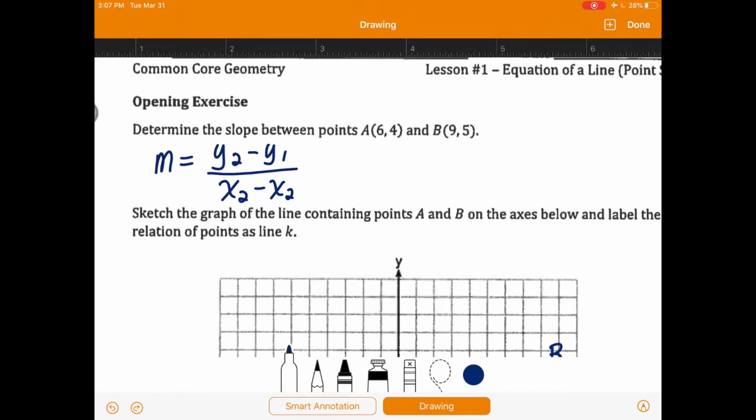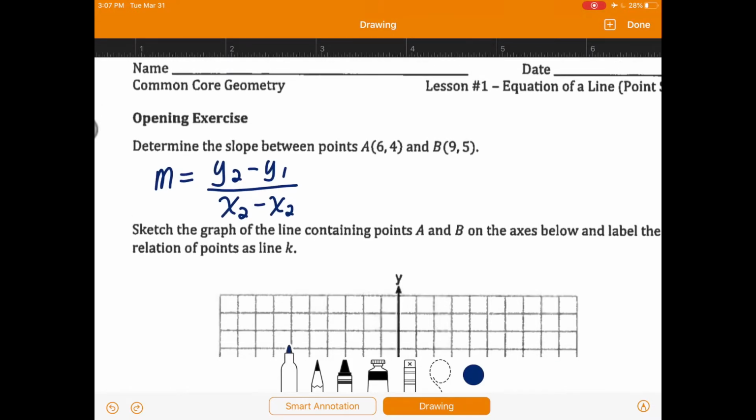In case you don't remember what that means, every time we have a point, we have an x and y value. X is in the first spot, y is in the second spot. And then when you've got 2 points, like the point A that we've got here, we've got x1, y1 as our 2 spots. So 6 is going to be x1 and 4 is going to be y1. And then for our second point, it's x2, y2.